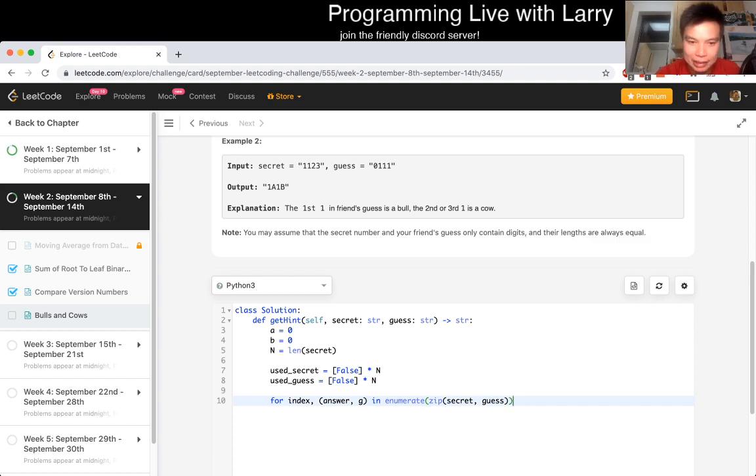And in this case, if answer is equal to guess, then used secret index is equal to used guess index is equal to true. And because we only look at each one once, we already know that this should already be false, so we don't have to check for it. And we also increment A, or was it B? I always forget which one's bulls and which one's cows.